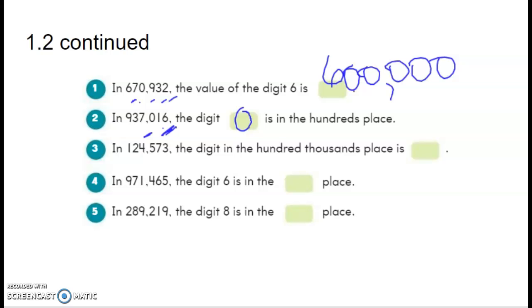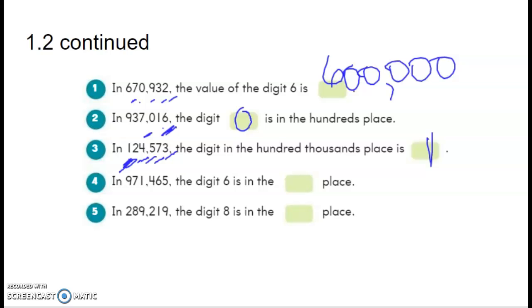Number 3, in 124,573, the digit in the 100,000s place is blank. Okay, well, let's start and count. We have ones, tens, hundreds, thousands, 10,000s, 100,000s. 1 is in the 100,000s place.